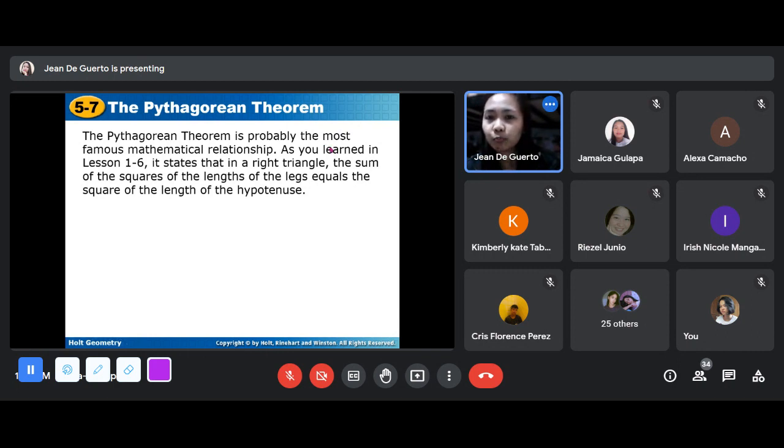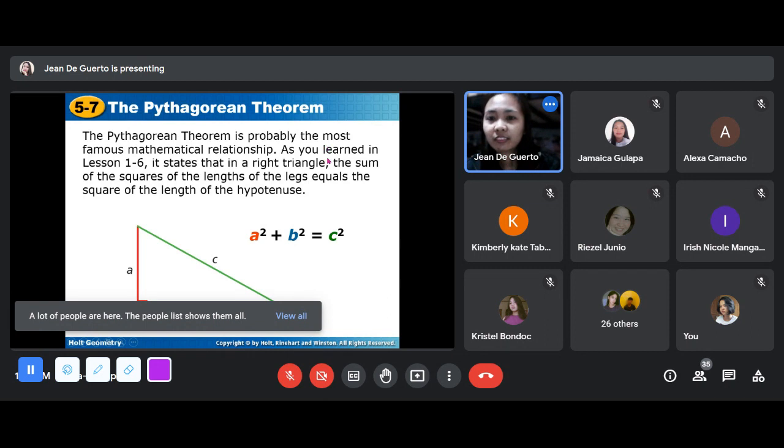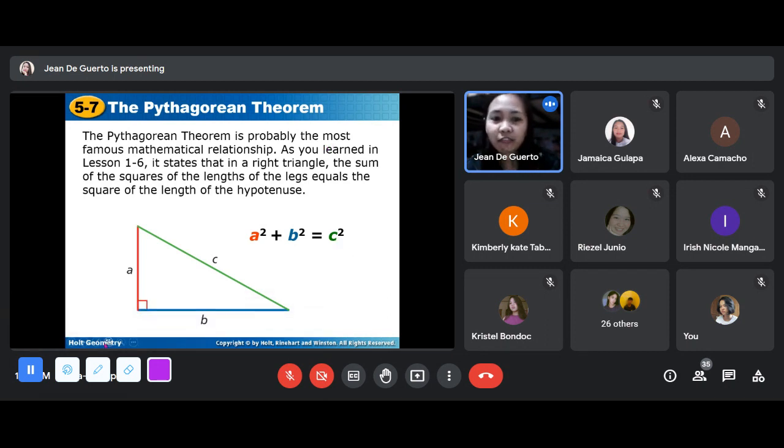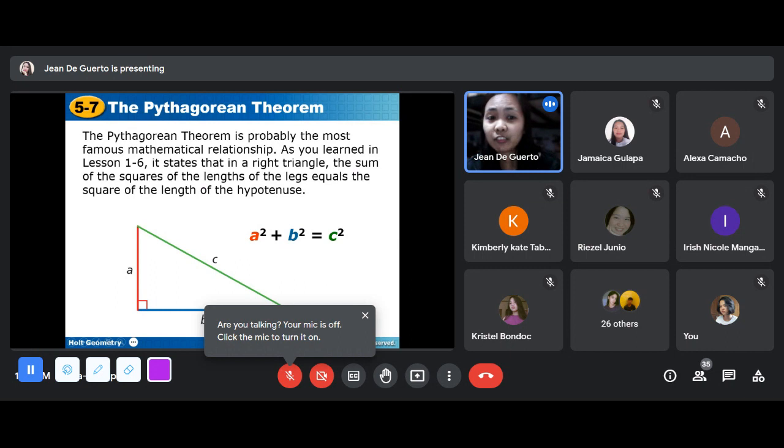Anyone from the group? So according to angles, we have your acute triangle, obtuse triangle, we have your right triangle, and of course your equiangular triangle.